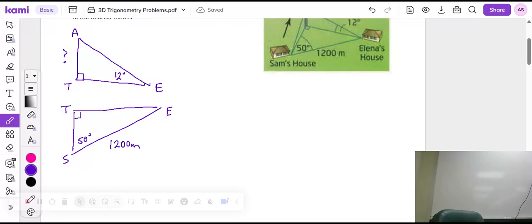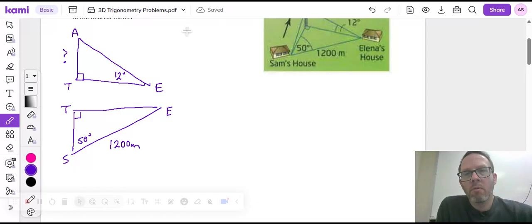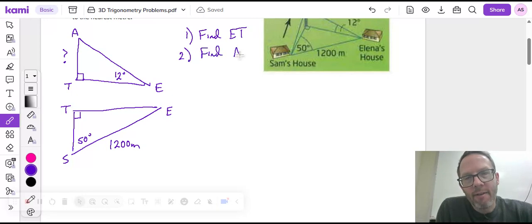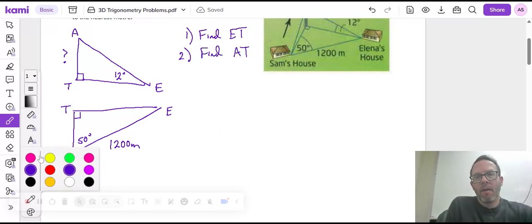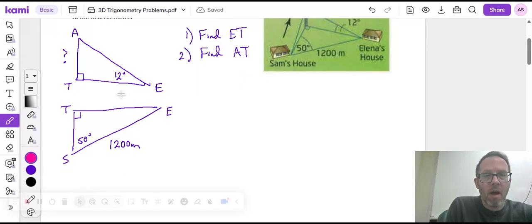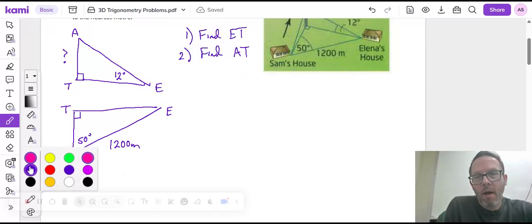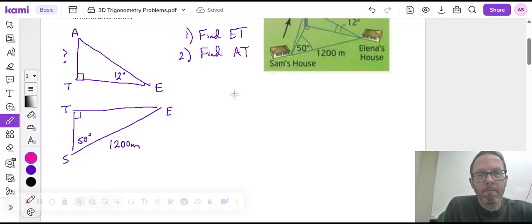Let's wrap this one up. So we see our strategy. One, we'll find side ET. Two, we'll find the side AT, the antenna height. And I'm going to use SOHCAHTOA both times. I think we've done this enough at this point that we can proceed through this pretty quickly. So I'm finding the opposite to 50 degrees, so I use the sine ratio.